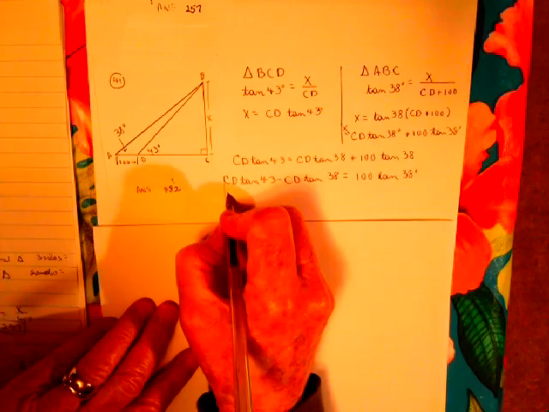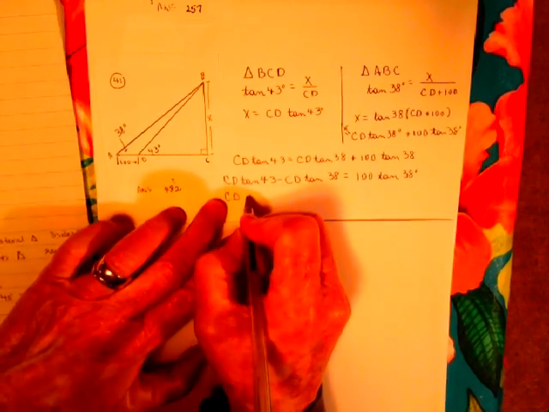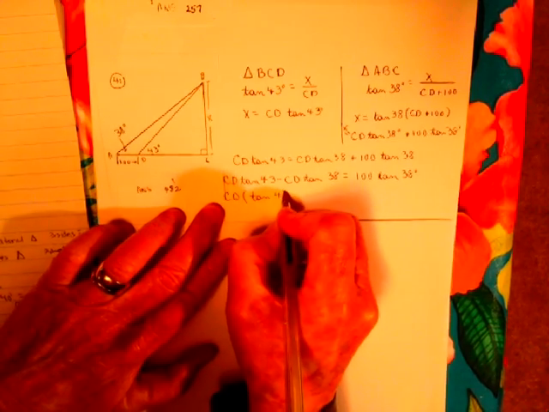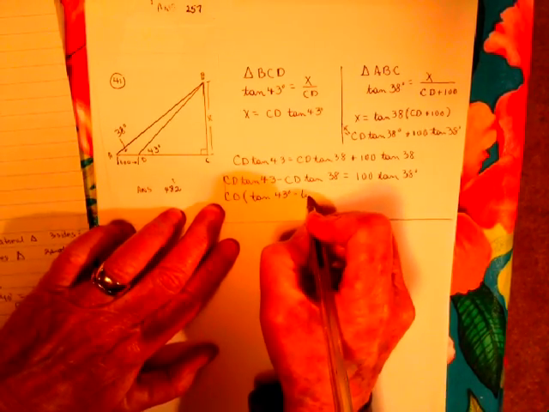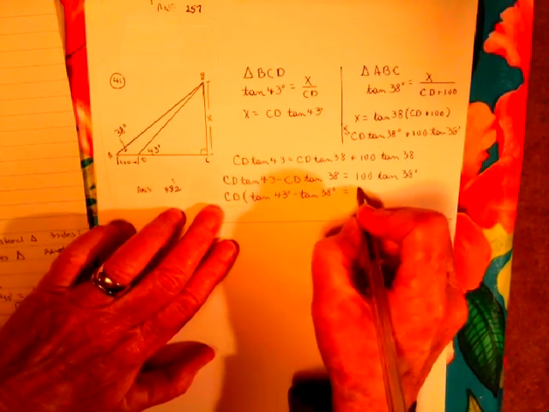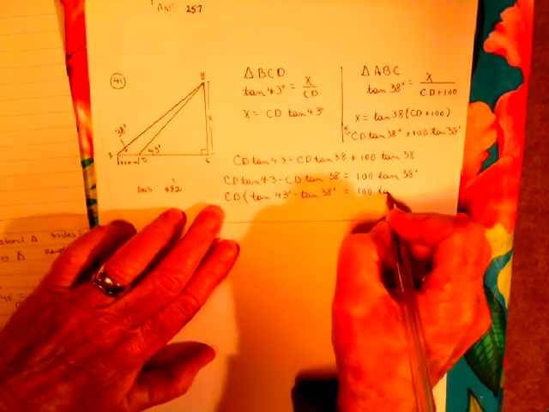Now I can factor out CD out of both of these. I have CD times the tangent of 43 degrees minus the tangent of 38 degrees equals this 100 tangent of 38.